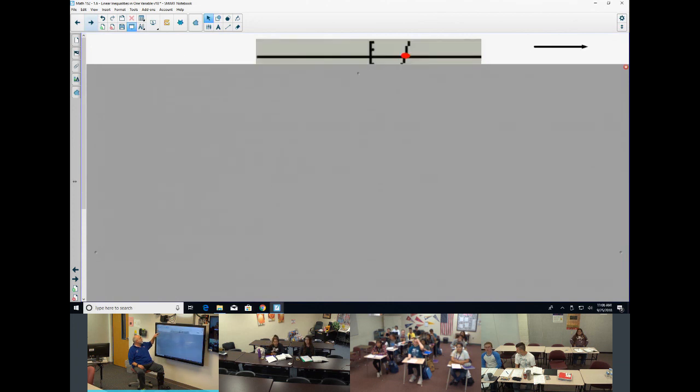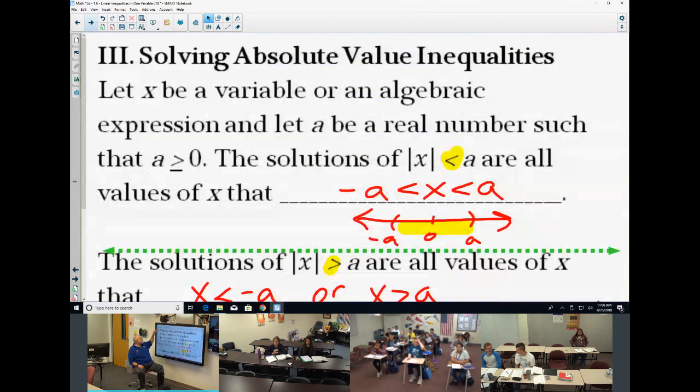All right. So the way that we set it up is our first step is to take our absolute value inequality and rewrite it as a compound inequality. Now, whether it's an and or an or depends on the inequality sign.